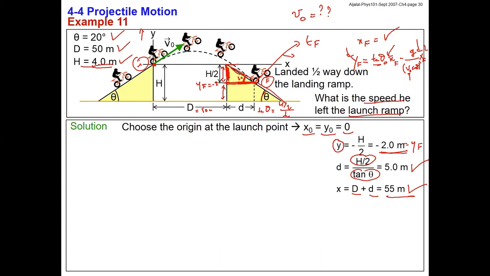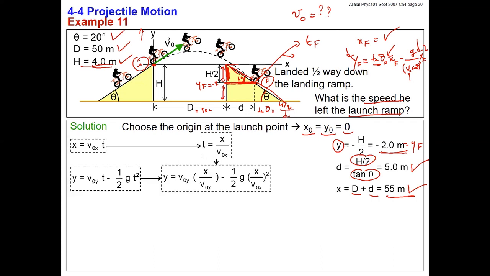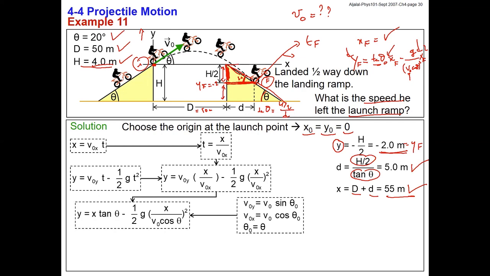Okay. So now I'm happy. All I need to do is use the equation of the parabola, because I know that my biker is going through a projectile motion. I know x final, and I know y final, by the way, is equal to -2, is equal to x final tangent theta, which is 20 degrees, minus 1/2 of g, this, okay?